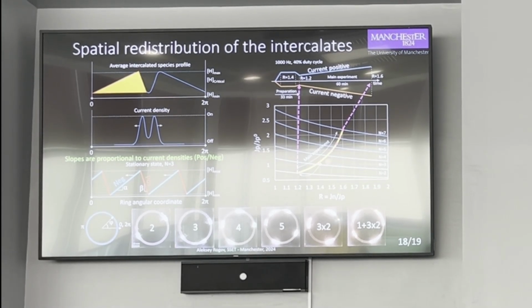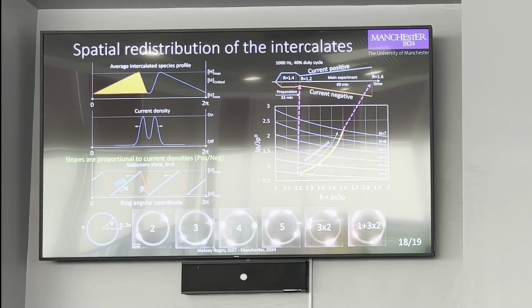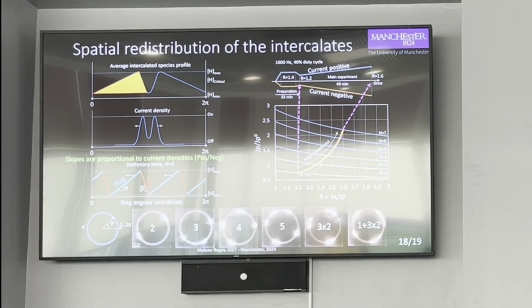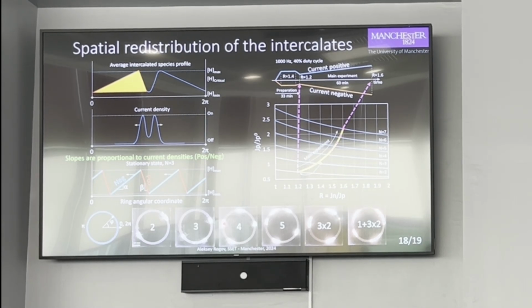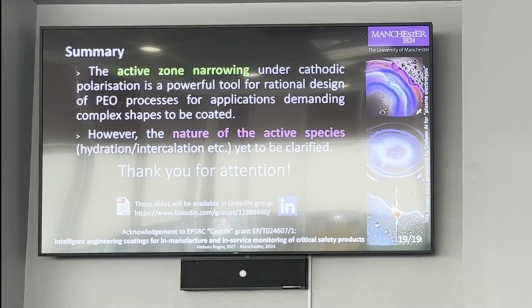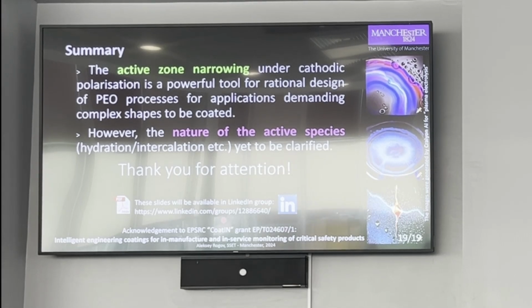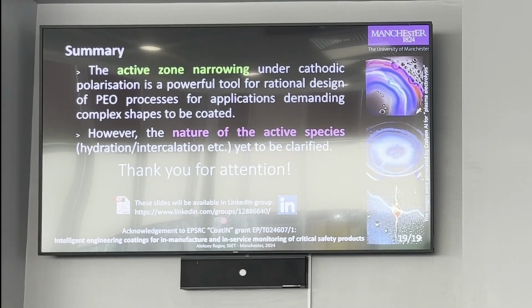And two other images, which show 3 and 4 active spots, can actually be considered as 6 and 7 if we assume that those spots are just couples of much smaller spots shown for a lower number of those characteristic features. So in general, this hypothesis of active zone narrowing is quite fruitful, not only for understanding of the process, but also for the control of such interesting features. However, the nature of the active species, whether it is hydration or intercalation, is yet to be clarified.